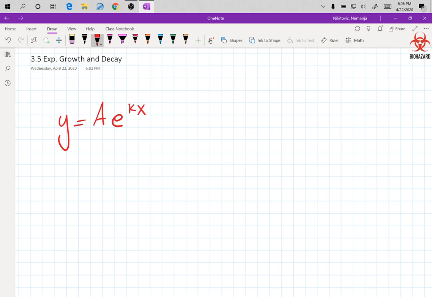Now, we're also going to draw two graphs that will go together with this function. So this is our y-axis, this is our x-axis.